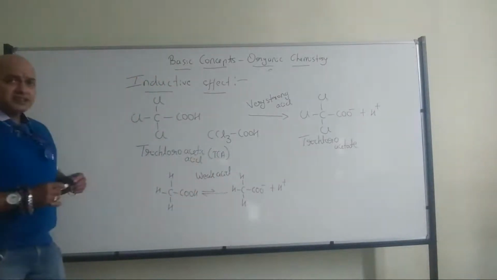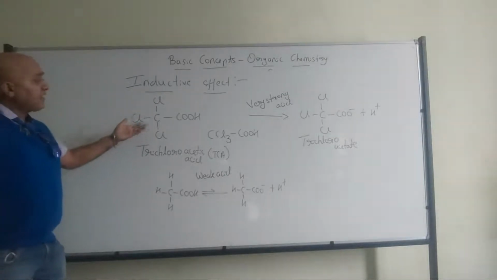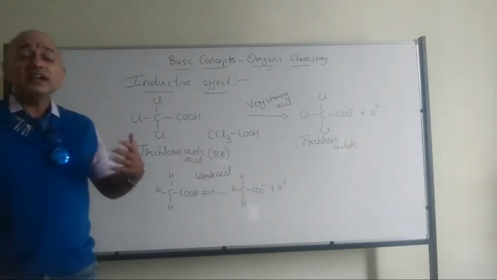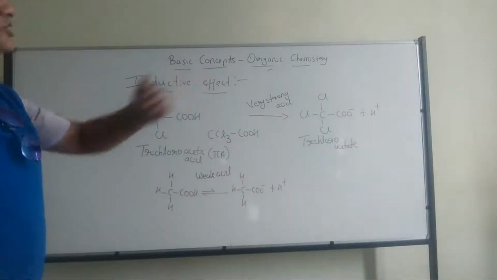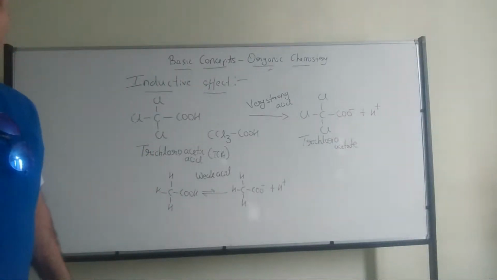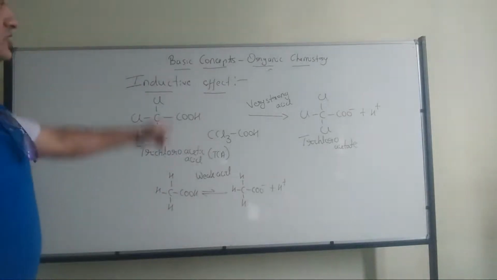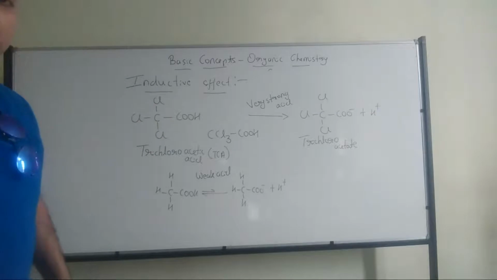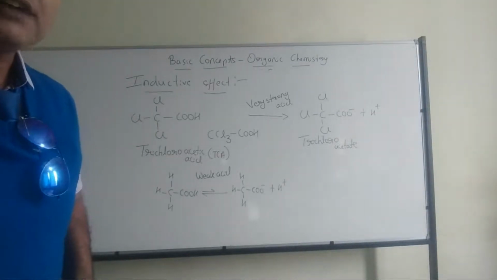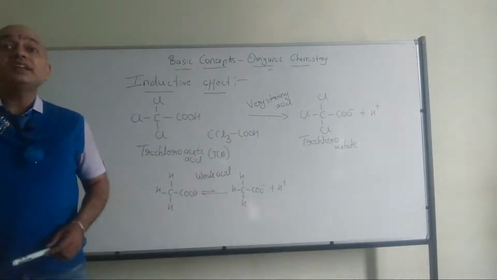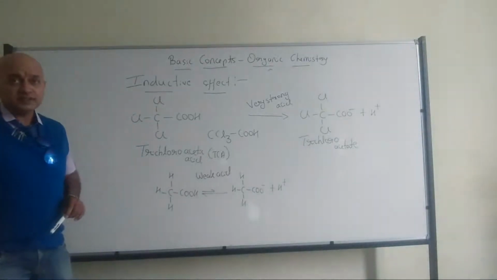What is happening here? Why is trichloroacetic acid, a derivative of acetic acid, behaving as a very strong acid, even stronger than HCl? But acetic acid is a weak acid. So that's where we have the effect of the inductive effect. This is due to the inductive effect.